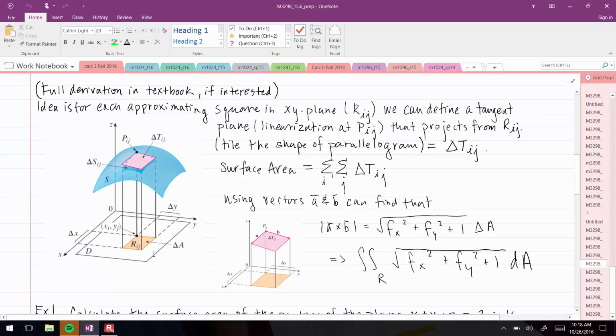So here specifically what we're trying to get at, however, is surface area of a surface like the blue one here. And so the same concept there, but what we're going to imagine is projecting up our individual approximating domains in the xy space, those subdomains, up to the surface.